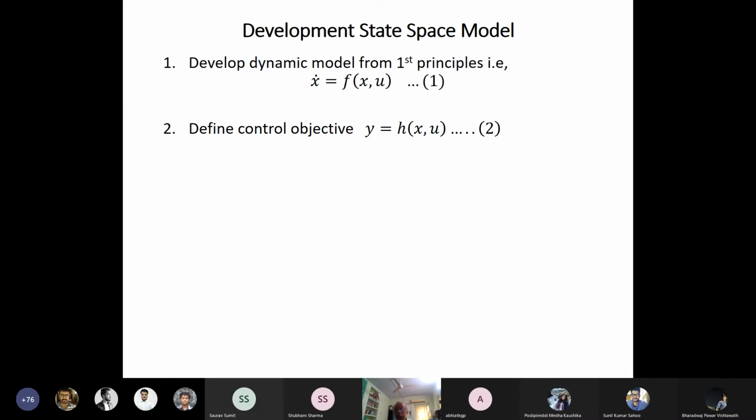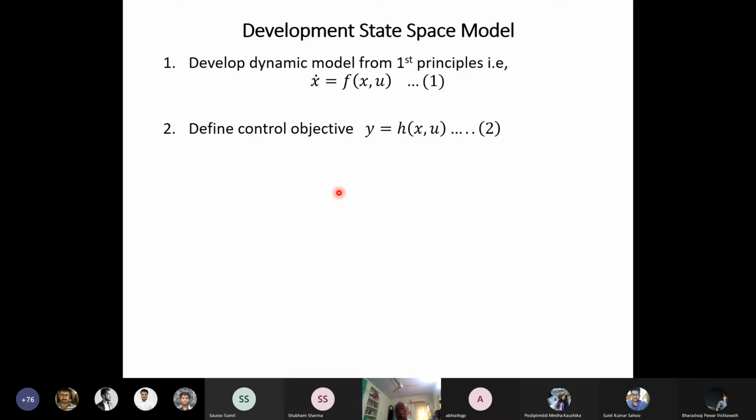Okay, so based on the control objective and from the first principles itself, you also define the function h. So you know the function f, you know the function h, which are basically functions of the state variables and input, where f is a differential equation and h is an algebraic function.